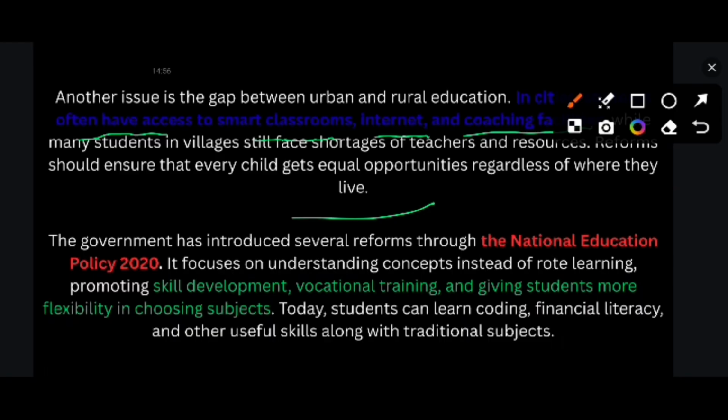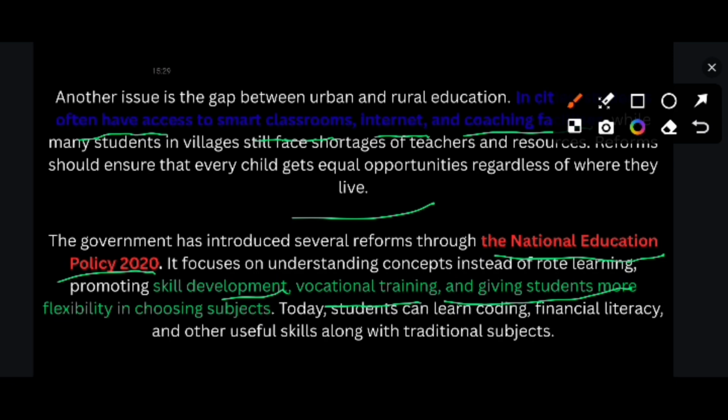This is the present scenario where the government brings reform through the National Education Policy, NEP 2020, and it focuses on understanding concepts instead of rote learning, promoting skill development, vocational training, and giving students more flexibility in choosing subjects. Today, students can learn coding, financial literacy, and useful skills along with traditional subjects, right?